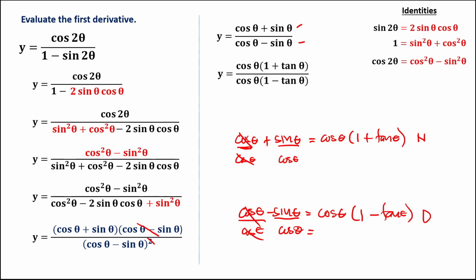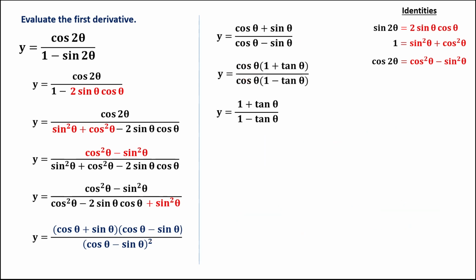So we have now y equals cosine times 1 plus tangent θ for the numerator, and cosine times 1 minus tangent θ for this denominator. Then observe that we can cancel this cosine, so the remaining is 1 plus tangent θ over 1 minus tangent θ.